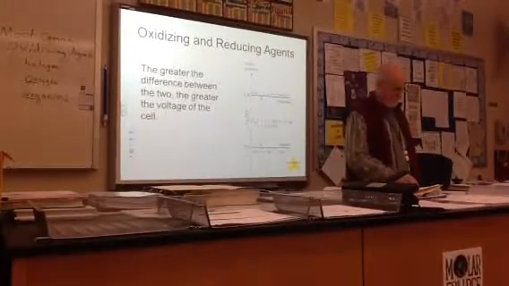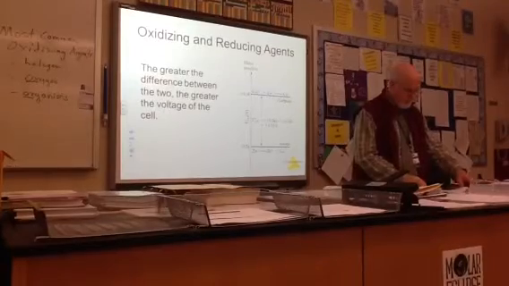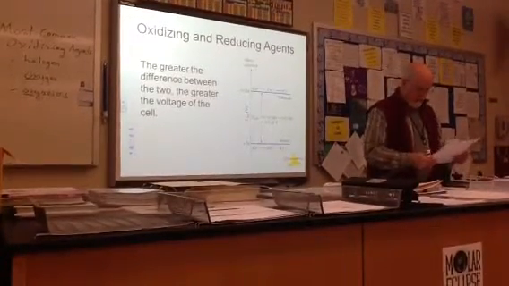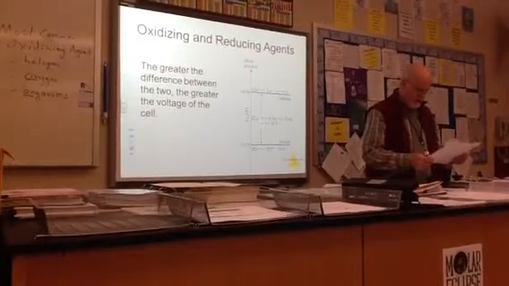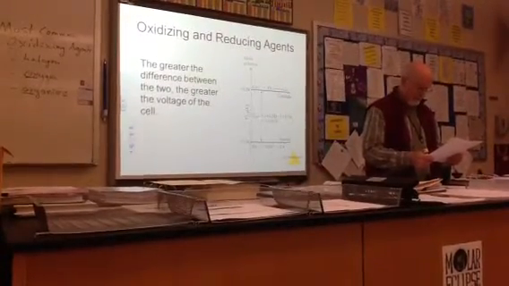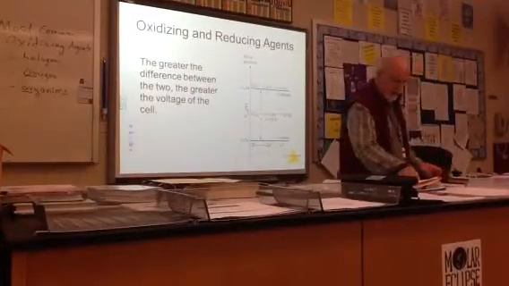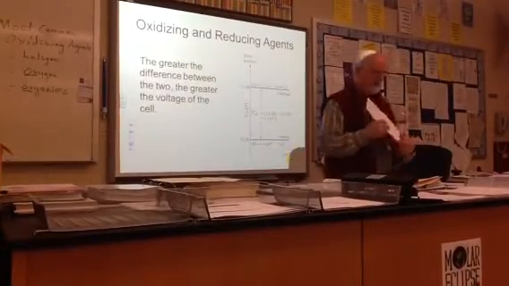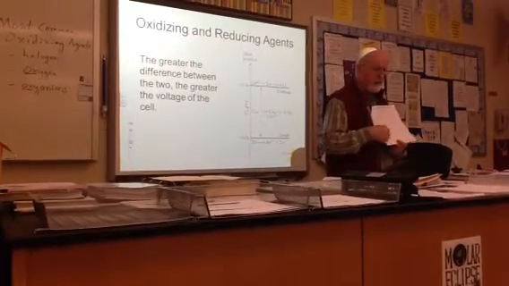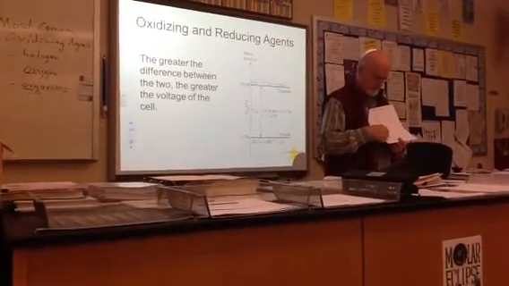Yes, ma'am? Are there not common reducing agents, or did I miss that? Or is it not important? Well, let's take a look at the table. What would be an example of the ones down here at the bottom? These are reducing agents.